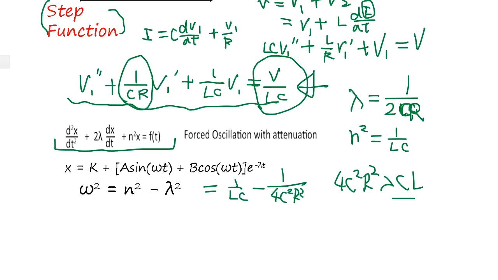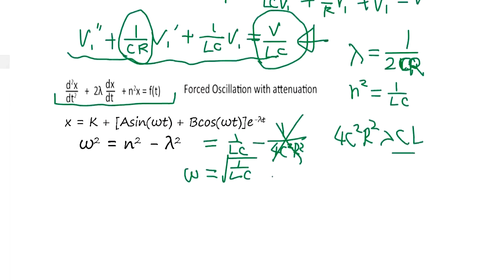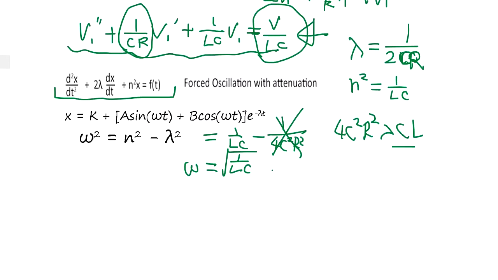Okay, so this is larger, that means this is going to be ignored, and the omega will be simply 1 over the square root of LC. Okay, so the only thing remaining in this solution is to determine K, A, and B.